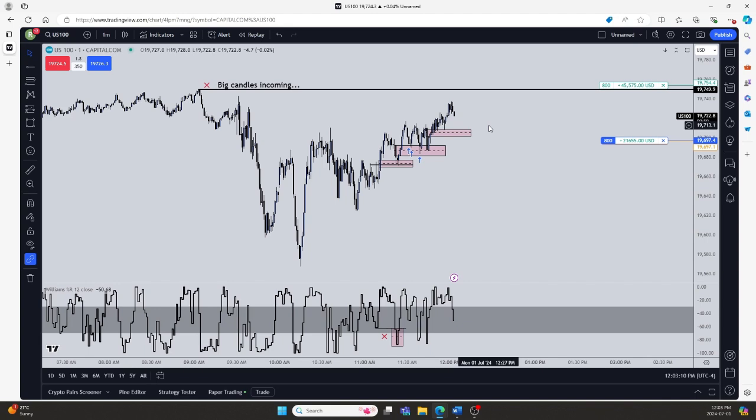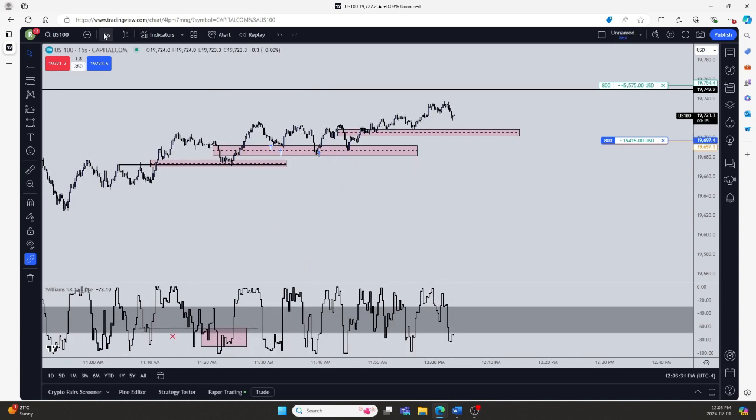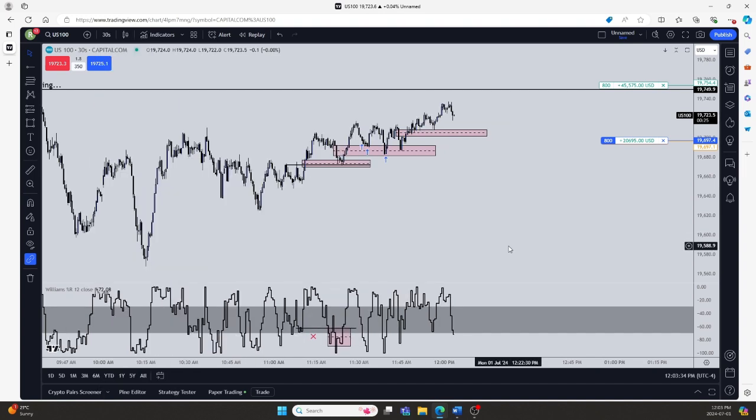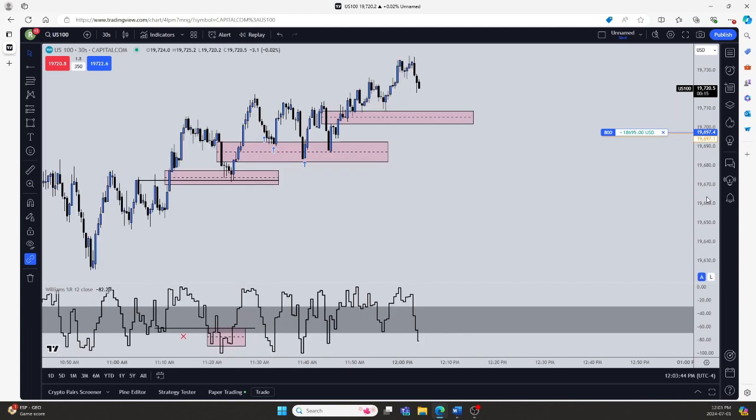And we don't want to see price return back into this area. This order block here needs to hold. And now my stop is actually going to go below this most recent low, just to pay me for my time.